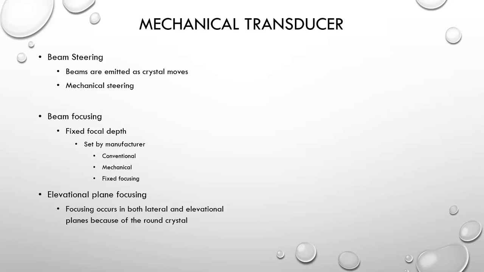With mechanical transducers, beam steering is done as the crystal moves, and this is known as mechanical steering. Beam focusing is fixed. It's set by the manufacturer and we can't change it.